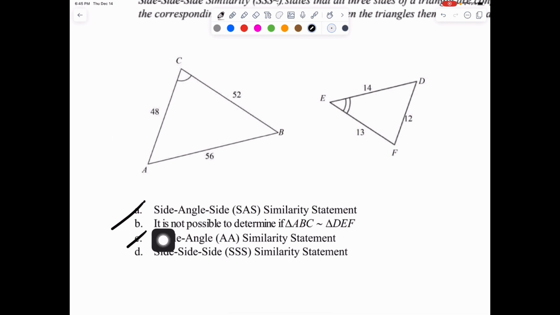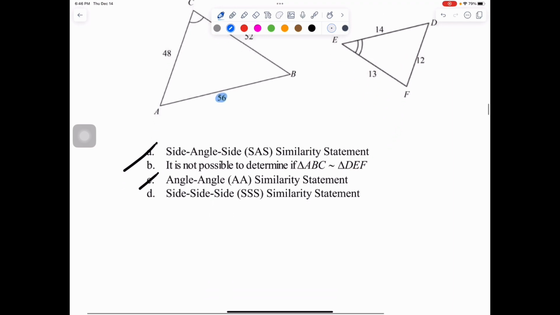That leaves us two answers: it is not possible, or D, side side side. Well, take a look: side, side, side. So odds are that is going to be our answer, but we do have to check for proportions. What I like to do, compliments to Miss M on this one, is take the greatest number from the larger triangle, 56.